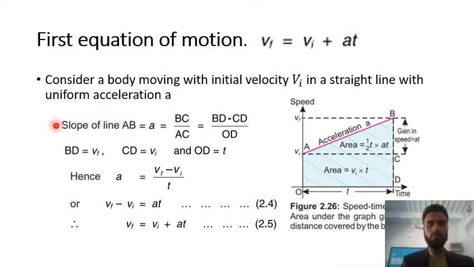So if we find the slope of the speed time graph, it will give us acceleration. So the slope of the line AB, the graph is actually this line, AB, is equal to acceleration.